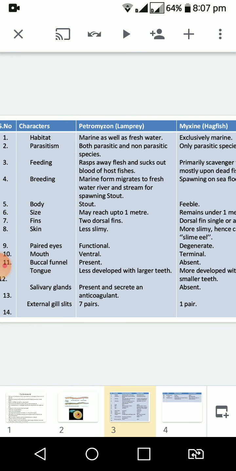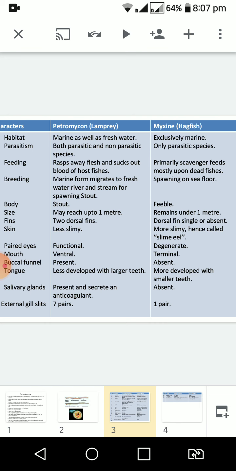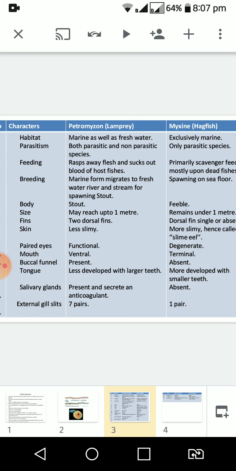And petromyzon skin is less slimy, and myxin skin is more slimy. Why? Because of the slime, it is also called slimy eel. So that is the important feature of the myxin.